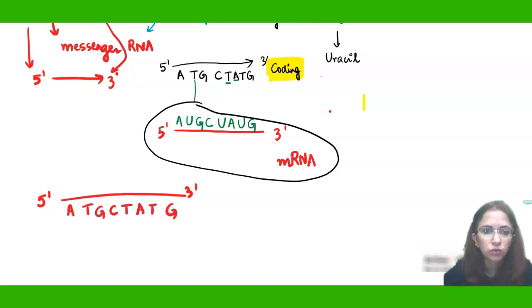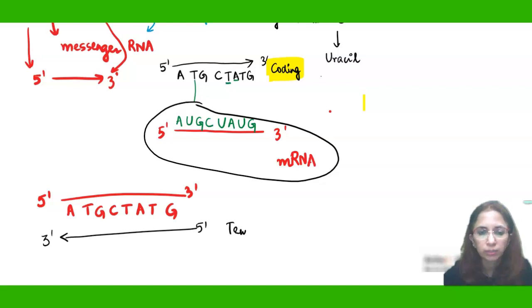Let's draw the template strand of DNA with another color. This is our template strand, and you know that they follow the base pairing rule. So here it will be T, A, C, G, A, T, A and C, right?